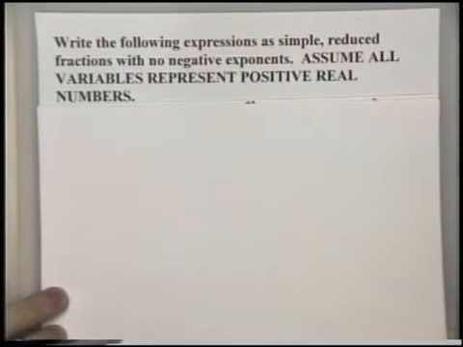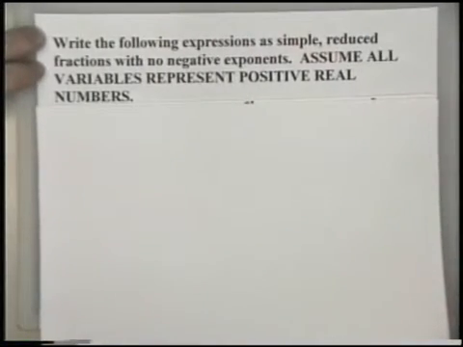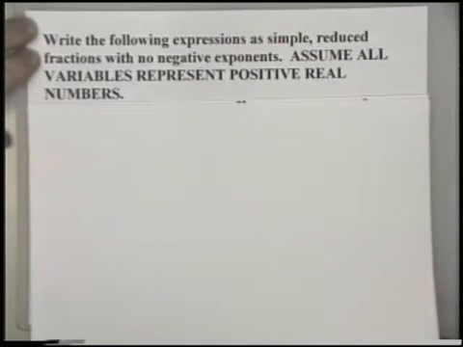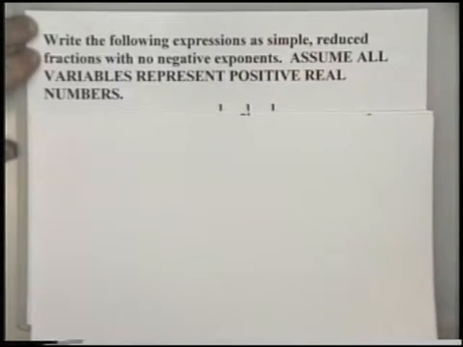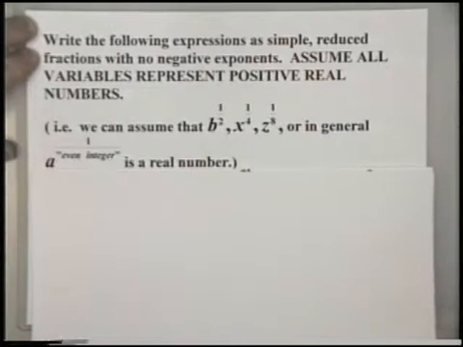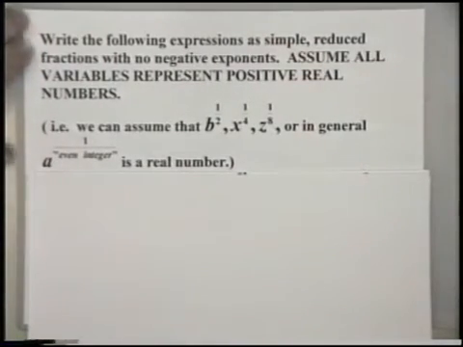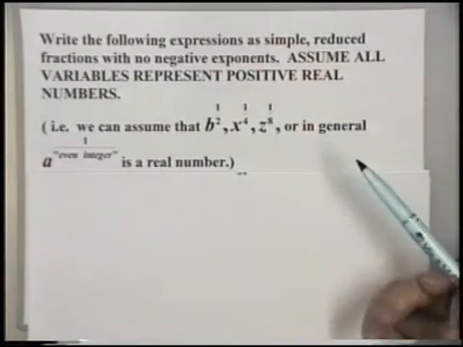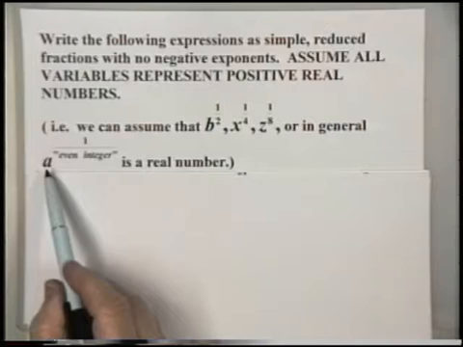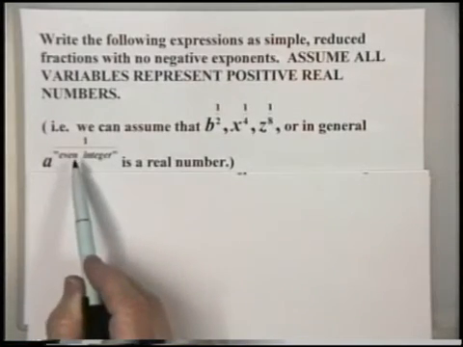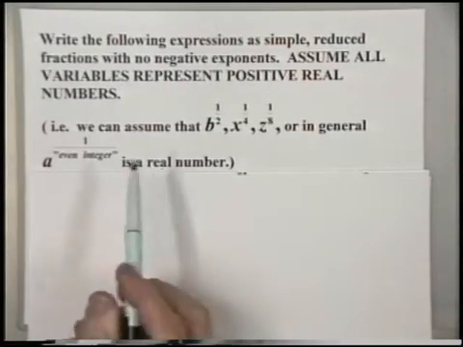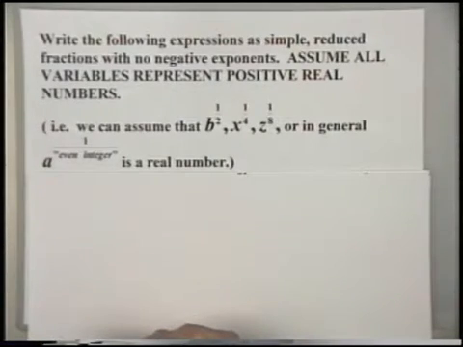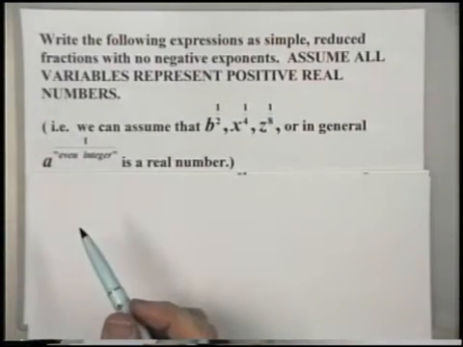Now, the significance of that is that we don't have to worry about the cases we've been concerned with all along here, and that's negative bases with even roots, i.e., we can assume that b and x and z here are positive real numbers, and so therefore b to the 1/2 and x to the 1/4 and z to the 1/8, or in general a to 1 over any even integer is going to be a real number.